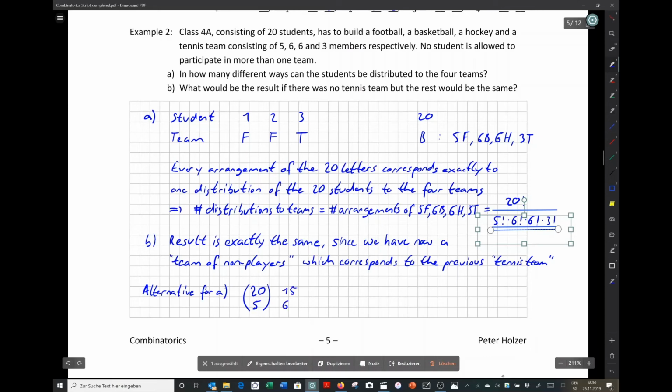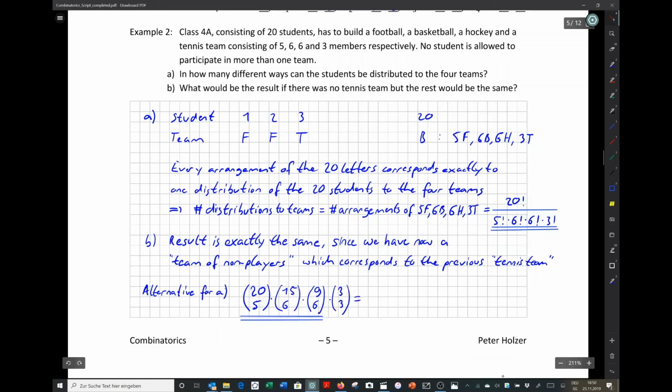So I get 15 choose 6, and I have to multiply the two. Then 9 students are remaining, out of which I will choose the 6 that play hockey. And just for completion, there are 3 remaining, and I choose out of the 3 to play tennis. Since 3 choose 3 is 1, I could leave it away.